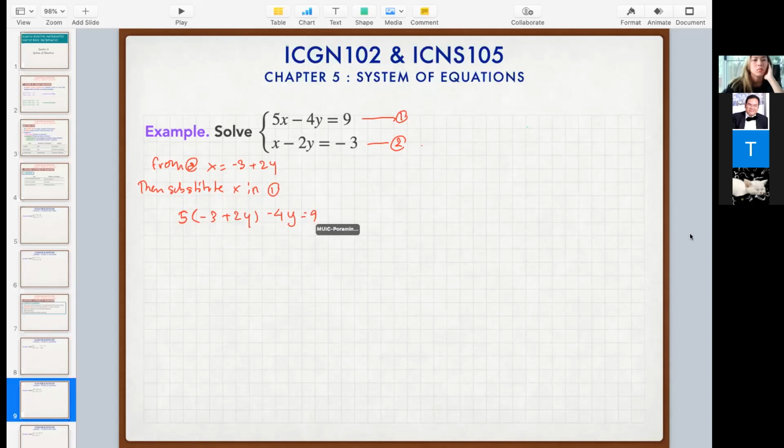Okay, and then we got negative 15 plus 10y minus 4y equals 9. So you get 6y minus 15 equals 9. 6y equals 9 plus 15, 6y equals 24, y equals 24 over 6, y equals 4. Now we back substitute.